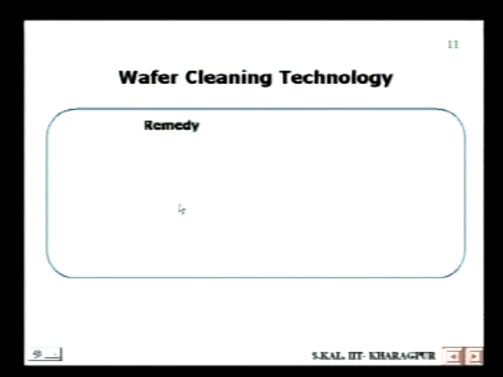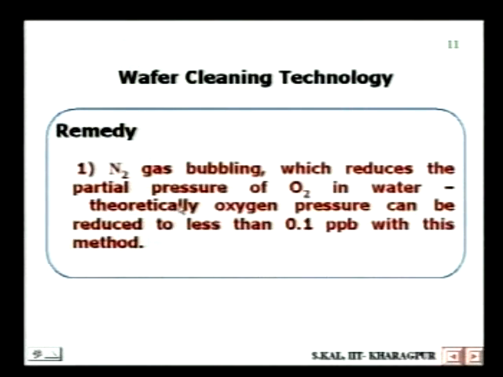Now, how to remove those native oxides? A remedy is nitrogen gas bubbling, which reduces the partial pressure of oxygen in water. Theoretically, oxygen pressure can be reduced to less than 0.1 parts per billion with this method. What is nitrogen gas bubbling? The water which you are using for cleaning the silicon wafer, in that water container, nitrogen is continuously bubbled.